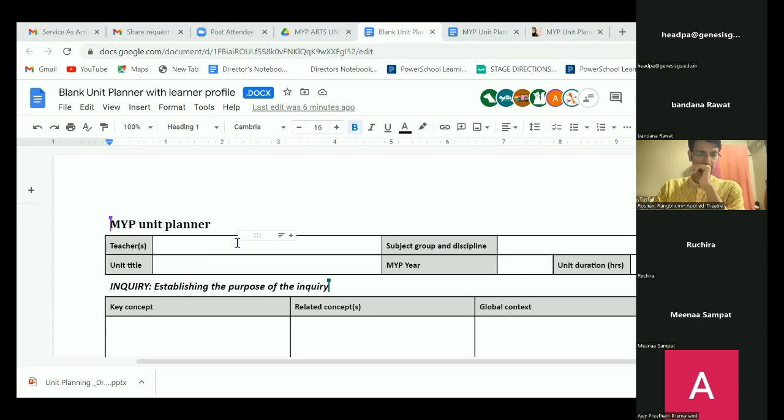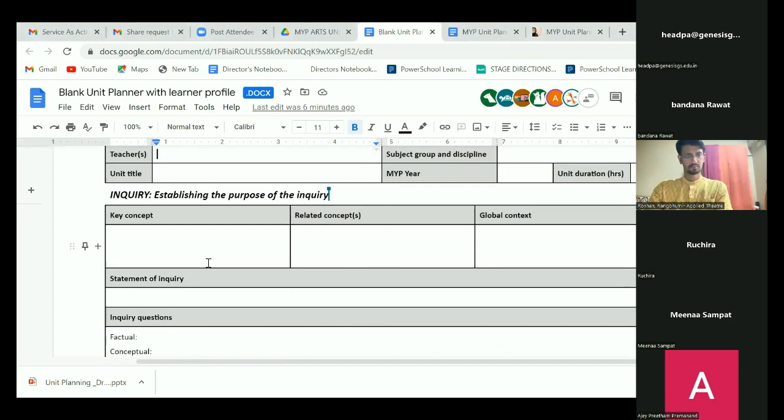And then I'm writing them in the chat. So the idea is to come up with different statements of inquiry, so that we are able to see which one we think would drive this unit well.